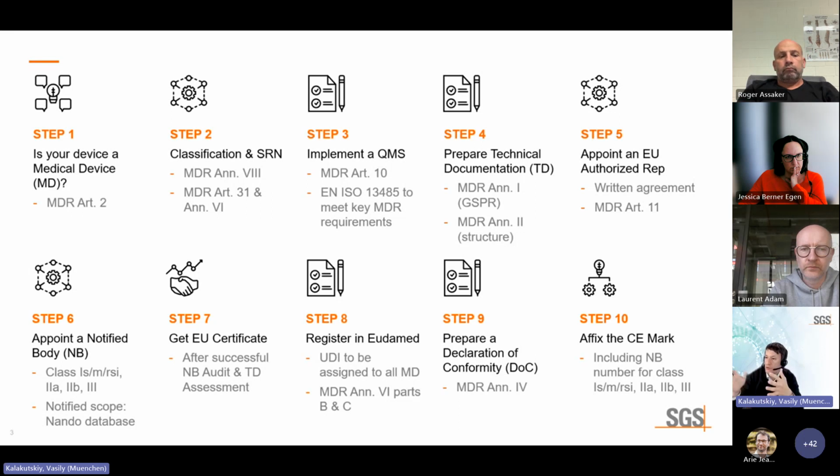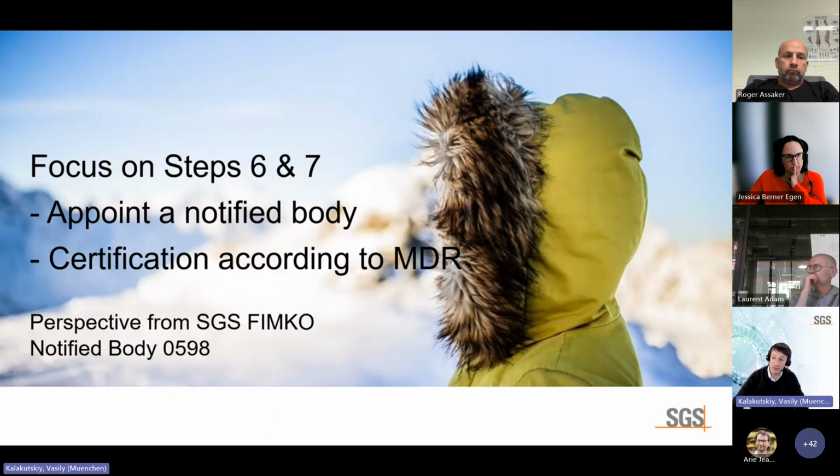All these steps are not easy. So in our talk today, I would like to focus only on 2 single steps: step number 6 and step number 7, how to appoint the notified body and what the certification process according to MDR looks like.